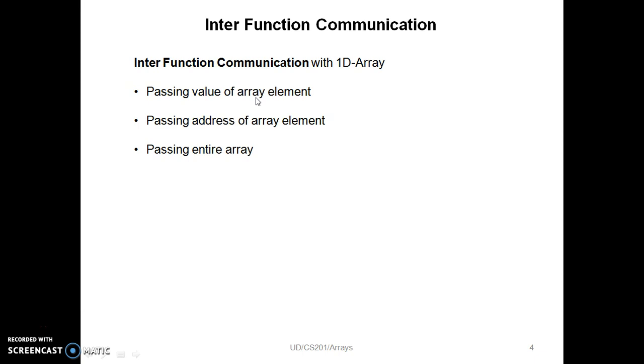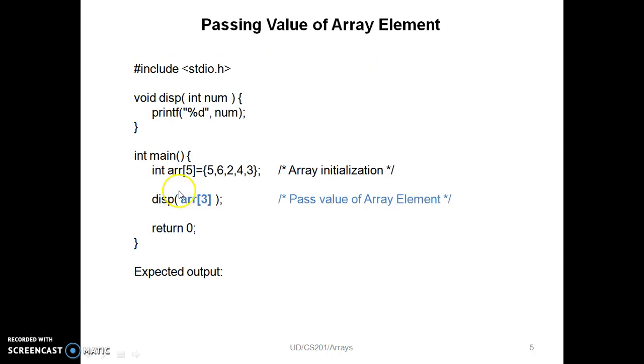From one function to another in a C program, an array can be passed in one of three techniques. That is passing the value of array element, passing the address of array element, and passing the entire array. Let's check the examples in the following pages. In this example, from the main function, it is passing an array element to this function.